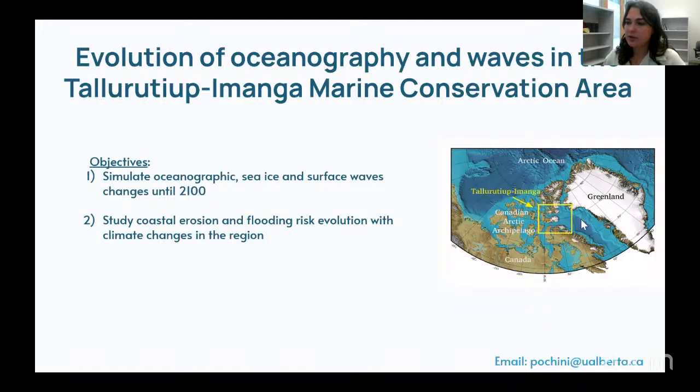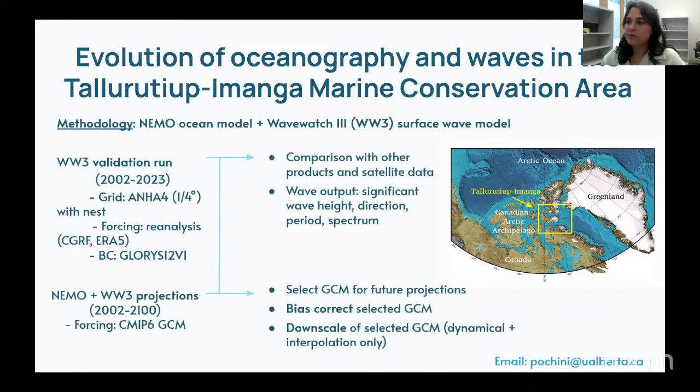We're running future simulations for them using our model to look at coastal erosion and flooding risks. We're using WaveWatch 3 coupled with our NEMO Ocean model. There are two parts to this.